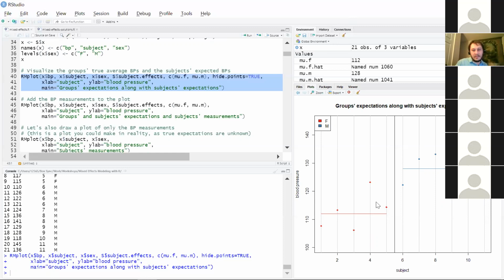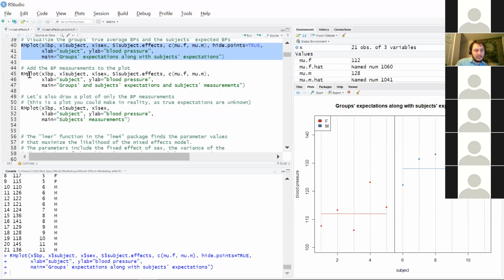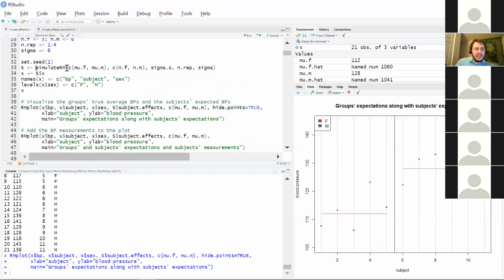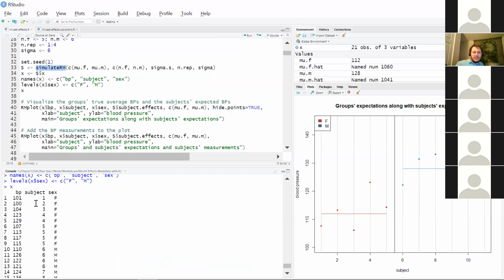The question is what happened at line 33? 33, right? Simulate RM. This is a function that's taking care of what you're seeing in these plots. All right, so I'm generating a data set. Here's the data set. This came out of simulate RM.